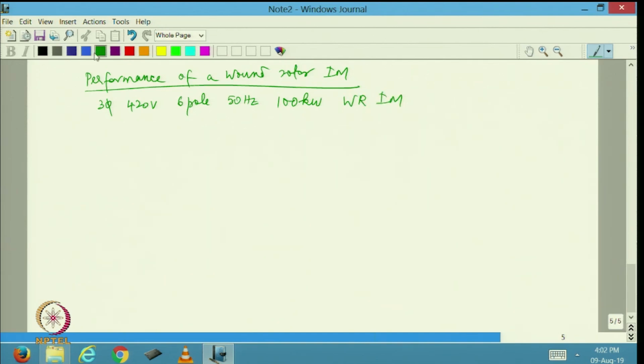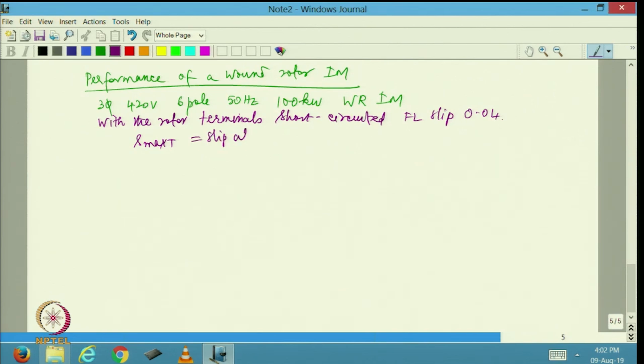What is written is, with the rotor terminals short circuited, we are going to have the full load slip to be 0.04 and slip at maximum torque, that is S max T, is given to be 0.2 when it is running at rated voltage and rated frequency.